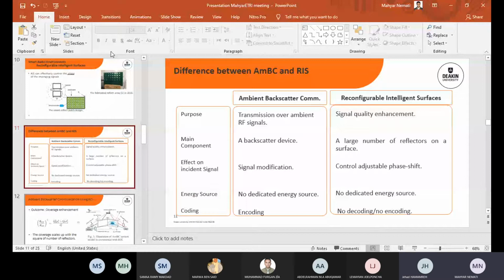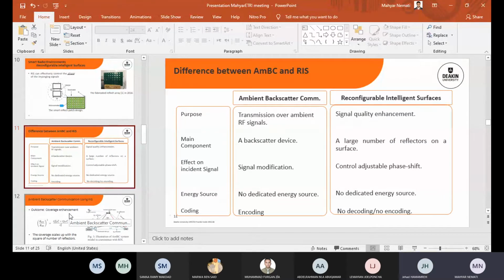A similarity between both of them is that they don't need any dedicated energy source, so they are very cost efficient in the long-term. About coding, ambient backscatter communication is able to encode the data, but in reconfigurable intelligent surfaces, we don't have any decoding or encoding.